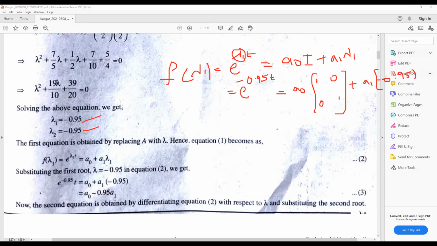It is minus 0.95. Here we have to calculate the lambda 1 value. If the A1 matrix is used, then we take the identity matrix; otherwise take just a naught minus 0.95 into a1 is equal to e power minus 0.95t. Clear?